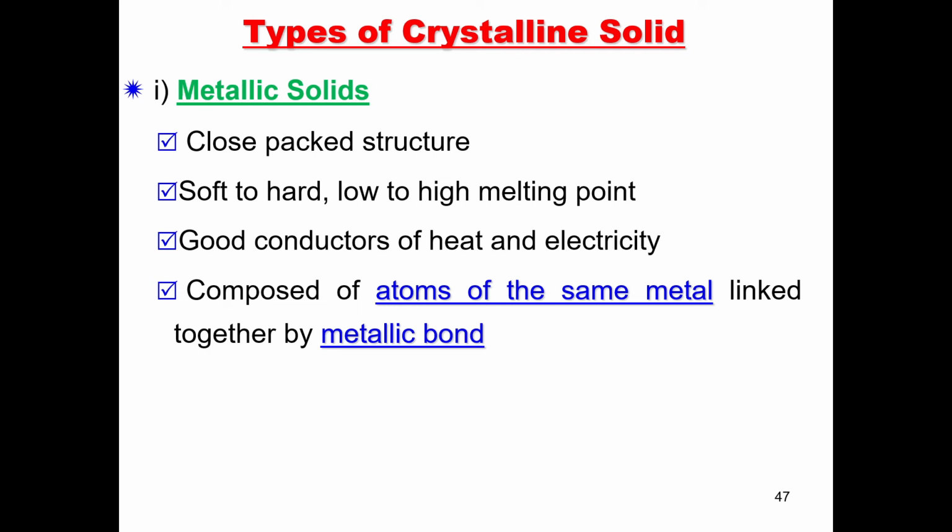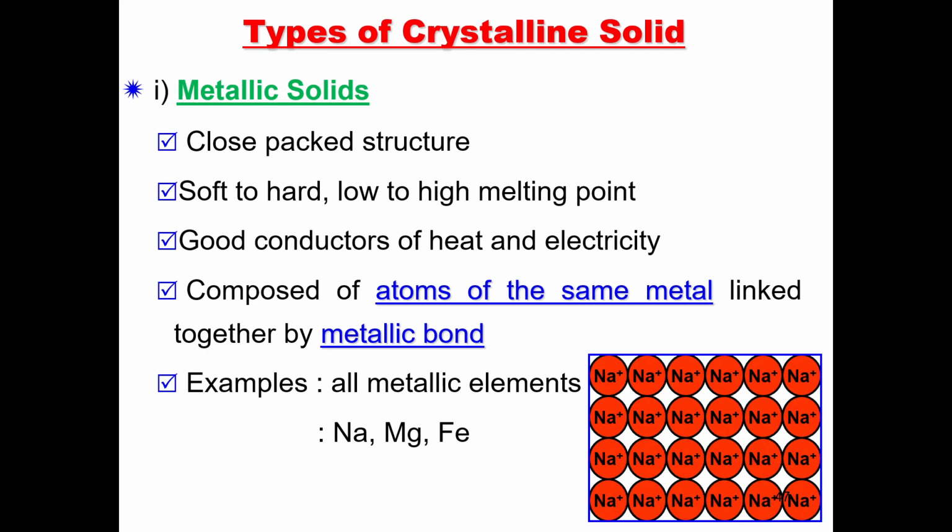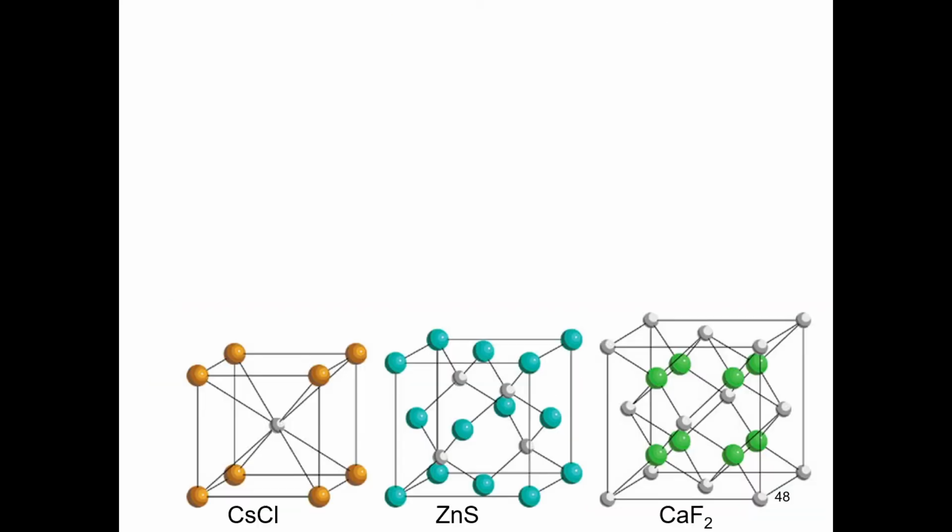So apa-apa saja yang menggunakan metallic bond dia adalah metallic solid. Okay, example kita gunakan all metallic elements such as sodium, magnesium and iron. Okay, so this is the arrangement of metallic solid, crystalline solid in sodium metal.